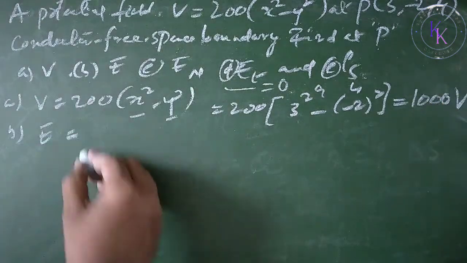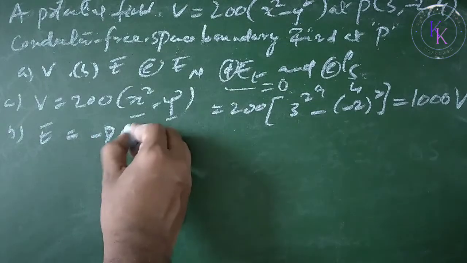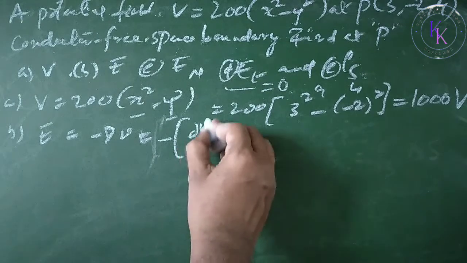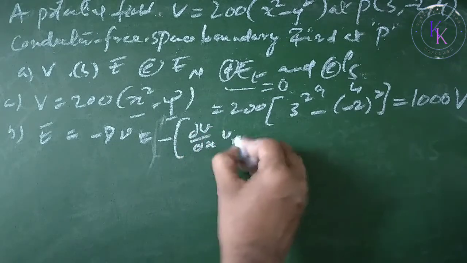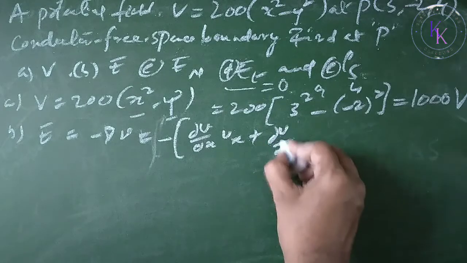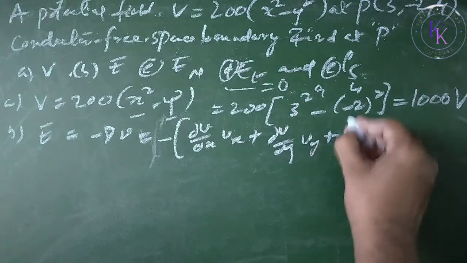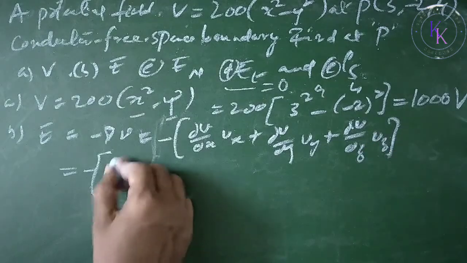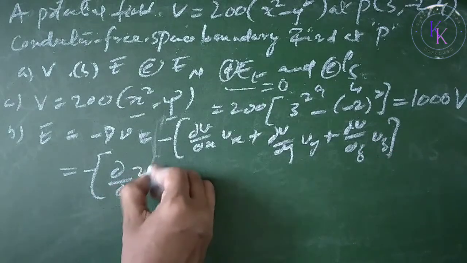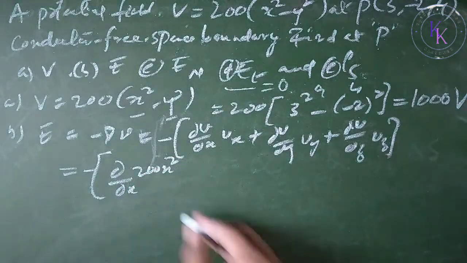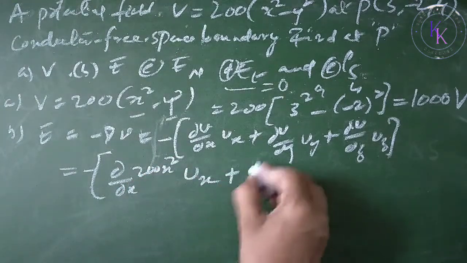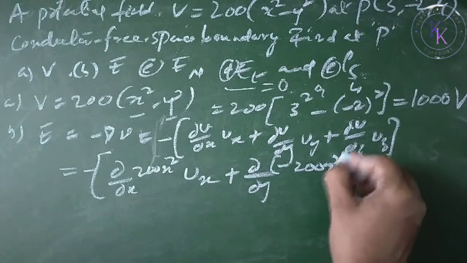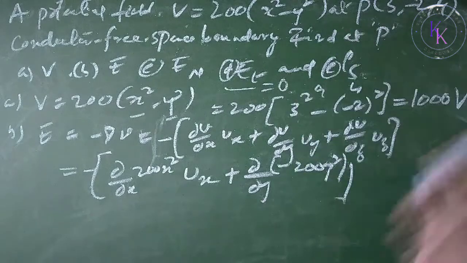E is given by minus the gradient of V, that is minus dou V by dou x Ux plus dou V by dou y Uy plus dou V by dou z Uz. Dou by dou x of 200 x square Ux plus dou by dou y of minus 200 y square. The z term is 0.